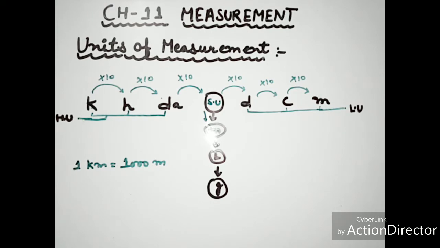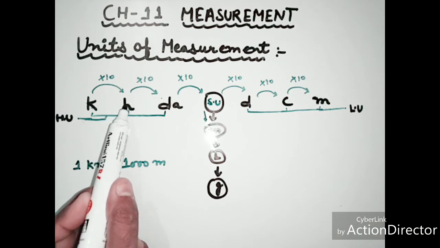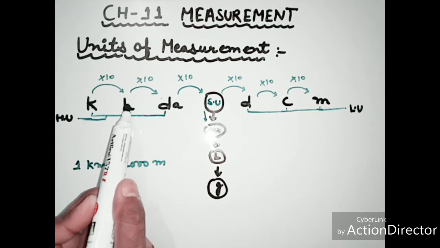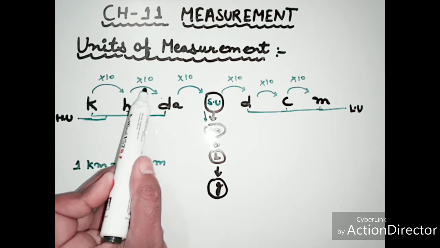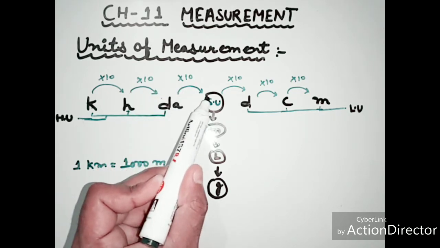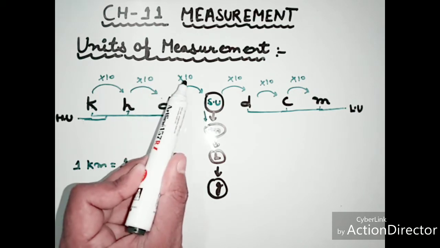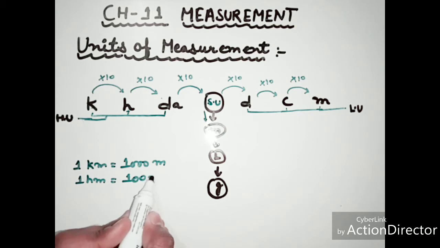And if someone asks you how many meters in 1 hectometer, the place of hectometer is here and meter place is here, so it moves 2 places to the right hand side, 1, 2 means 10 multiplied by 10 means 100. So 1 hectometer equals 100 meter.